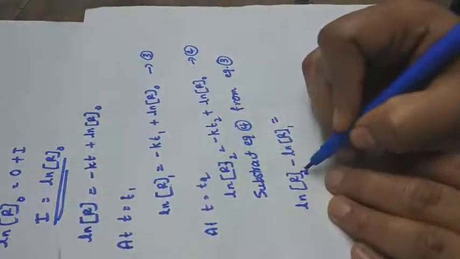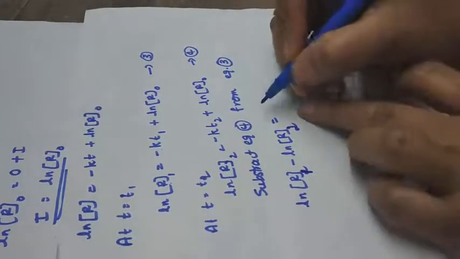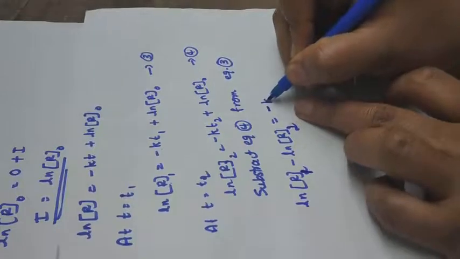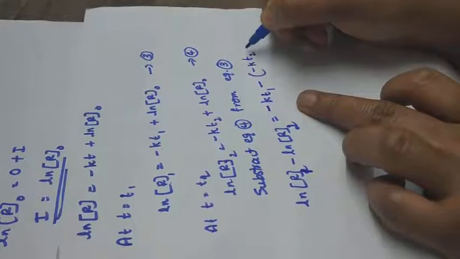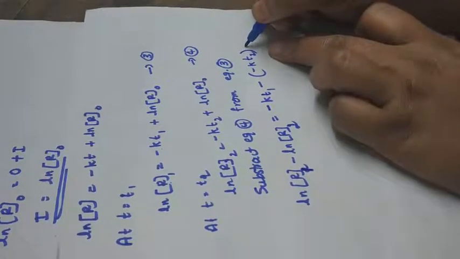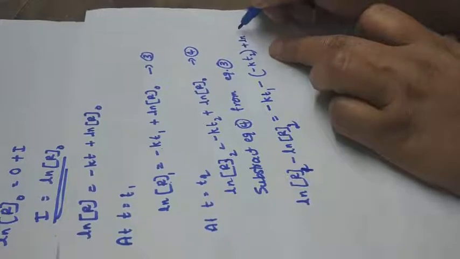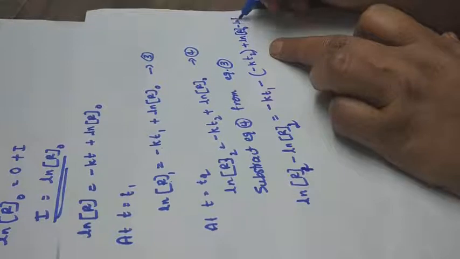That means ln R1 minus ln R2 is equal to minus KT1 minus KT2. Next, plus ln R0 minus ln R0.